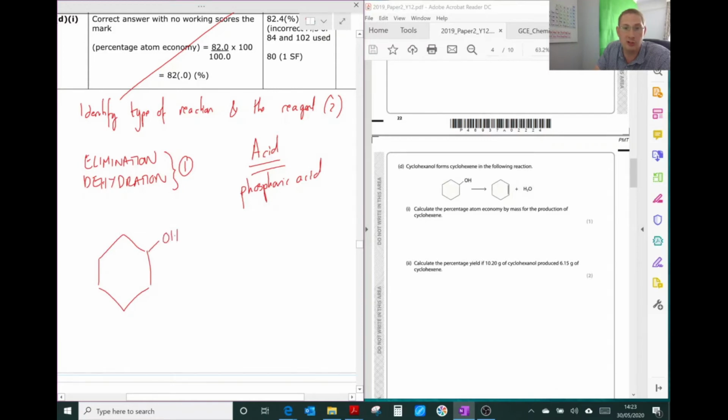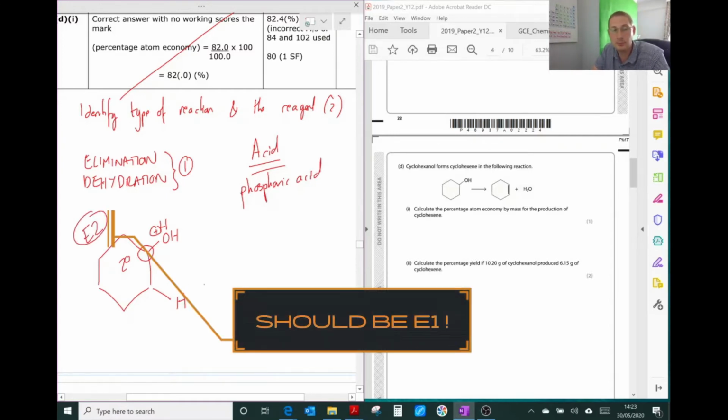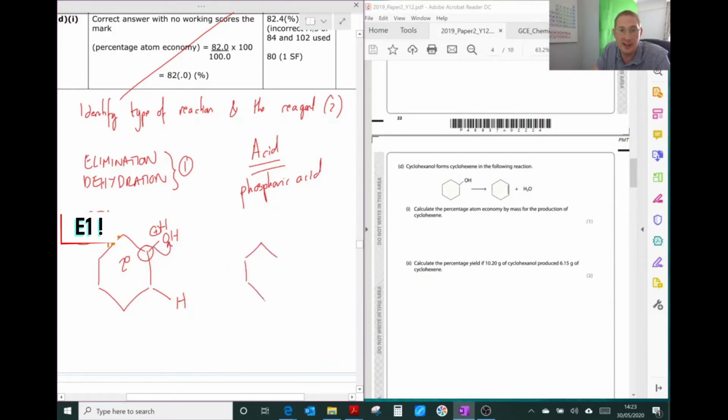The OH group is going to become protonated by the acid, and then, because it's a secondary alcohol, it's going to go via the E1 mechanism. So that's just going to leave as water, leaving you with a stabilized carbocation there.